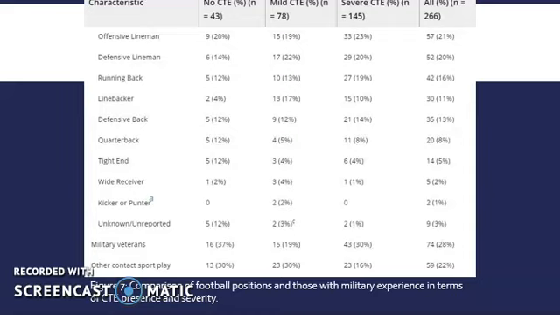Of all of these cases, we also saw, well, the research team saw, a majority of them were severe. In fact, every group besides the wide receivers and the kickers or punters were shown to have more severe cases than mild cases. And the most protected groups, therefore, from advanced CTE were the wide receivers and the kickers/punters.